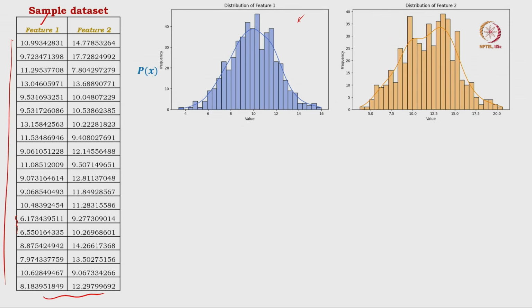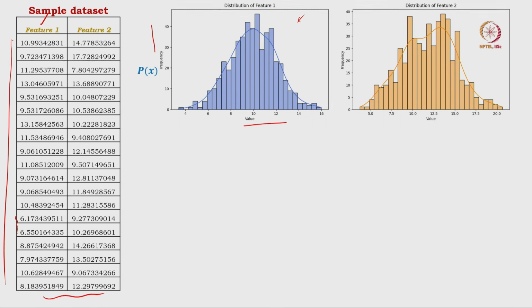We take all the values of this feature 1, divide their range into smaller intervals, and we call those smaller intervals bins. Once we divide into bins, count how many values fall into each bin. The x-axis shows the feature 1 value range, and the y-axis shows the number of samples in each range.